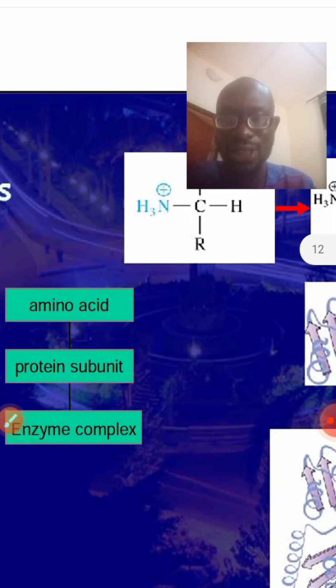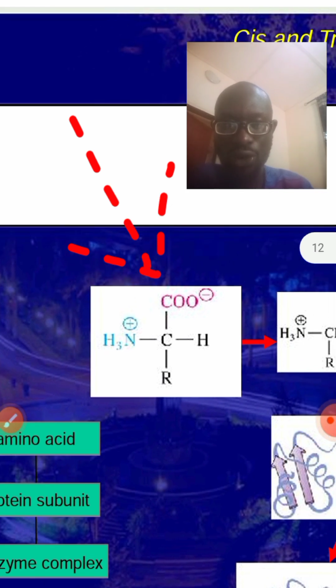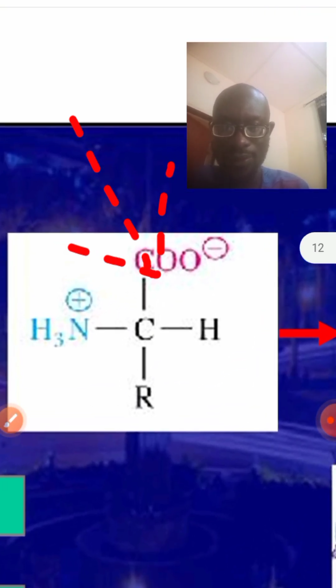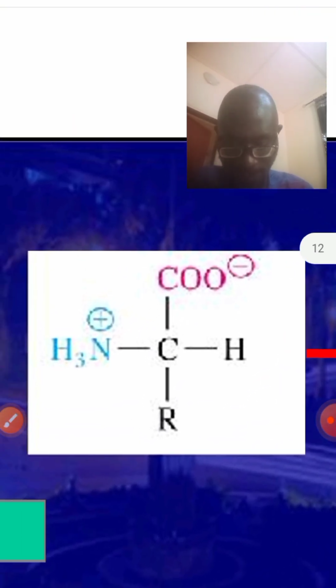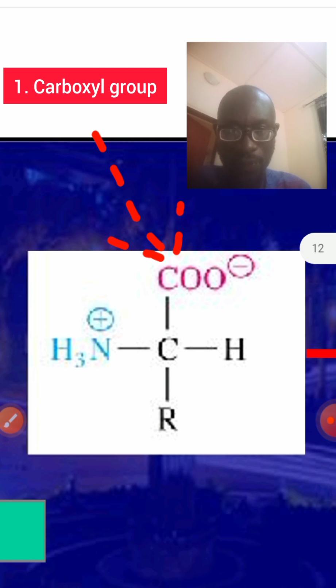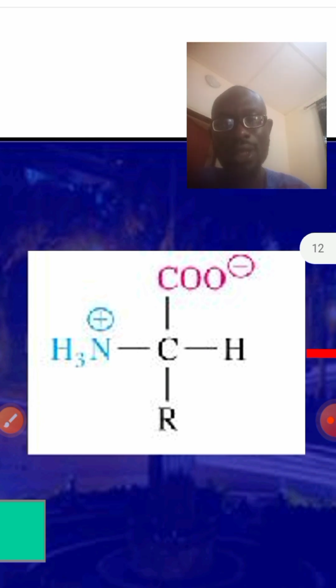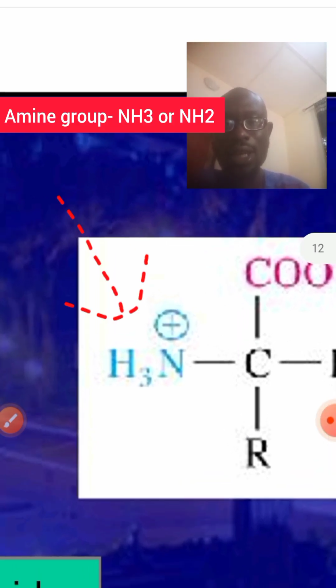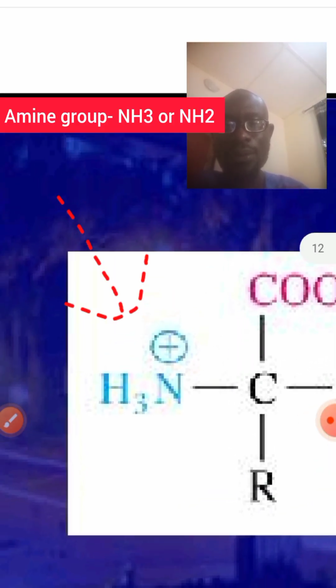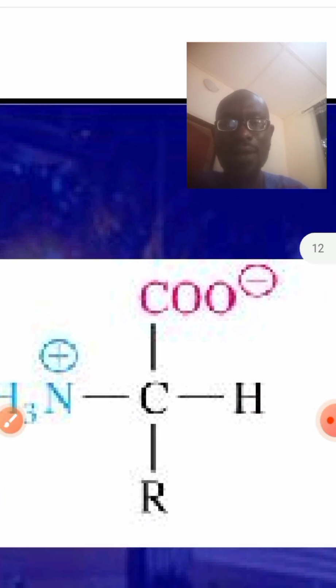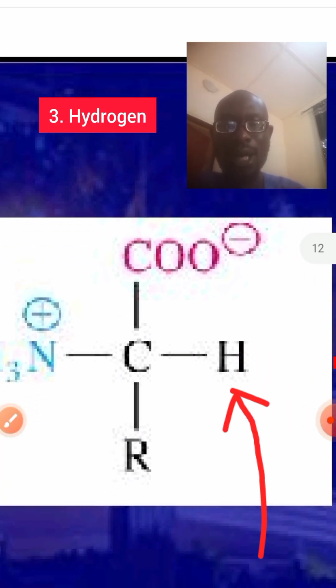And so this is the general structure of an amino acid. You can see the COO, that is the functional group, the acidic part of it, and then we have the H3N, and then we have the hydrogen part and the alkyl part of it.